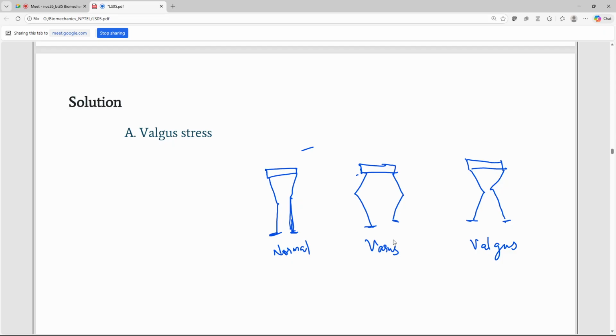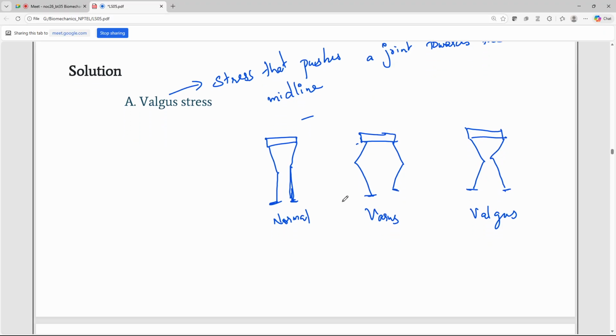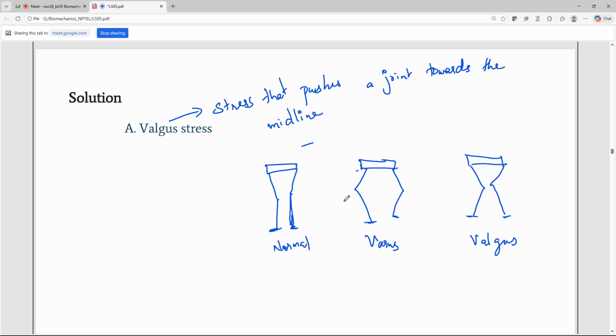Valgus stress, you can define it as the stress that pushes a joint towards the midline, whereas varus stress pushes the joint away from the midline. Hope that is clear. Moving on to the next question.